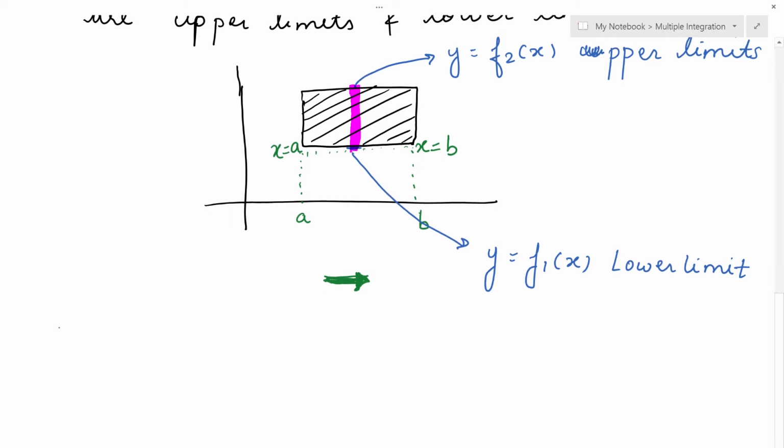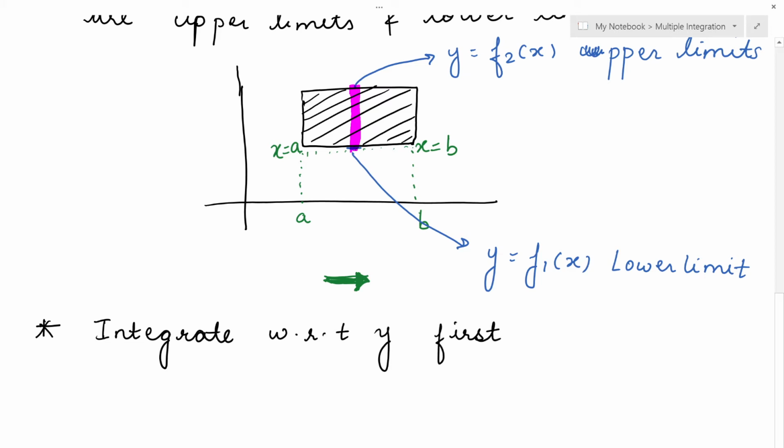Okay, one thing to note in this is you have to integrate with respect to y first. Always make a note of this. Whenever you will have a vertical strip, you will have to integrate with respect to y first.